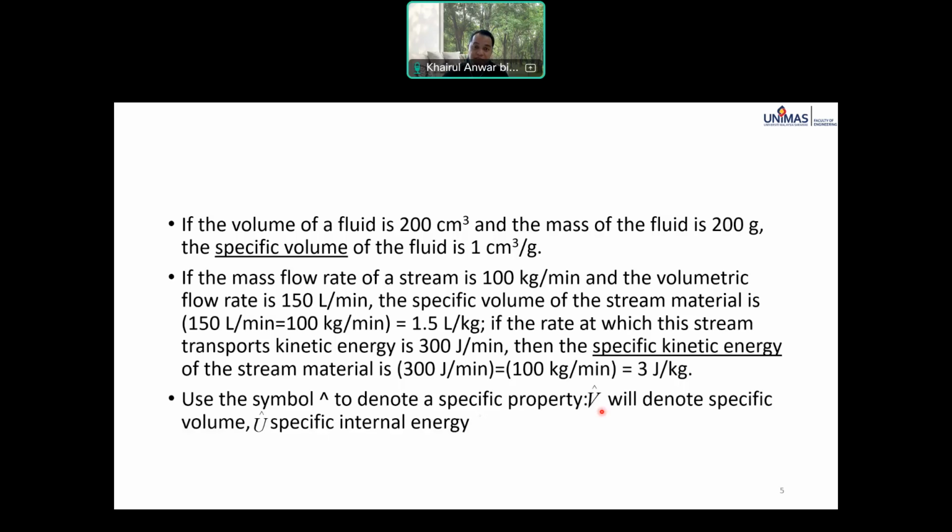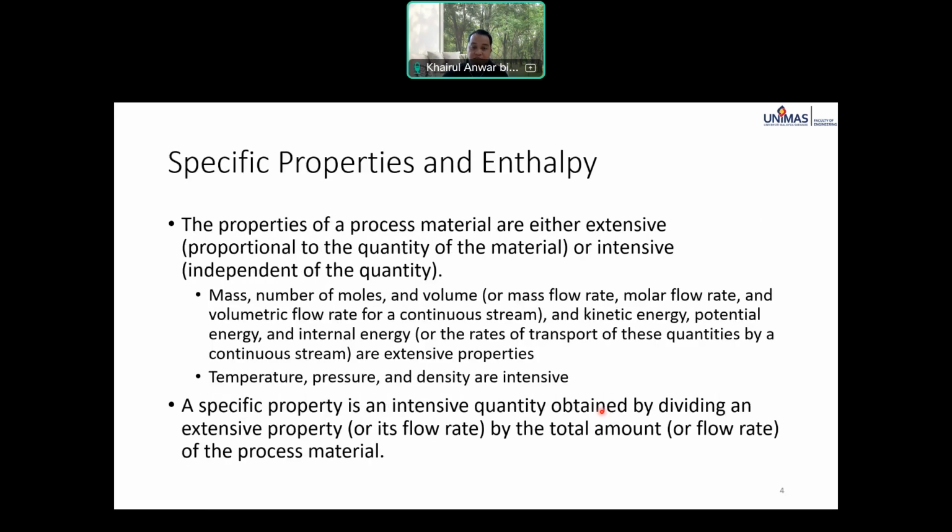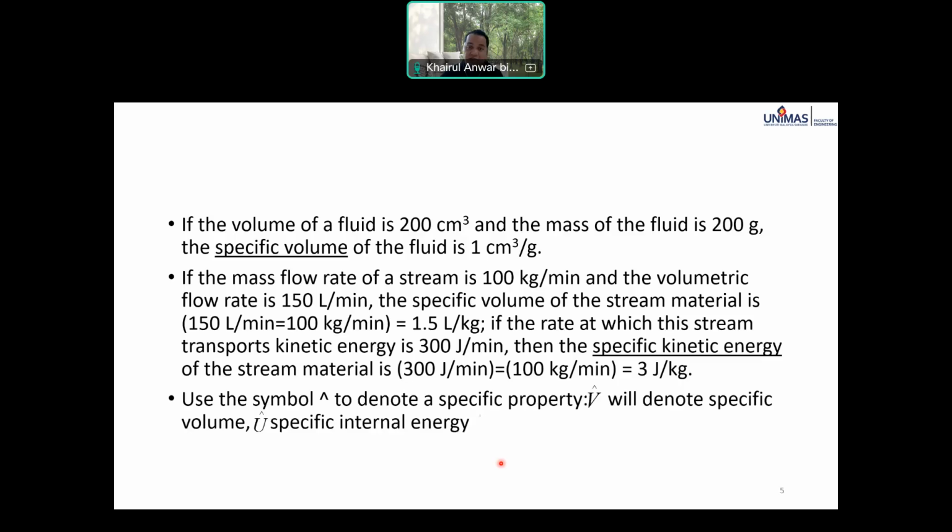We just divide. So that is the specific property: the intensive quantity obtained by dividing an extensive property, which relates to the quantity of the material, by the total amount or flow rate of the processed material.